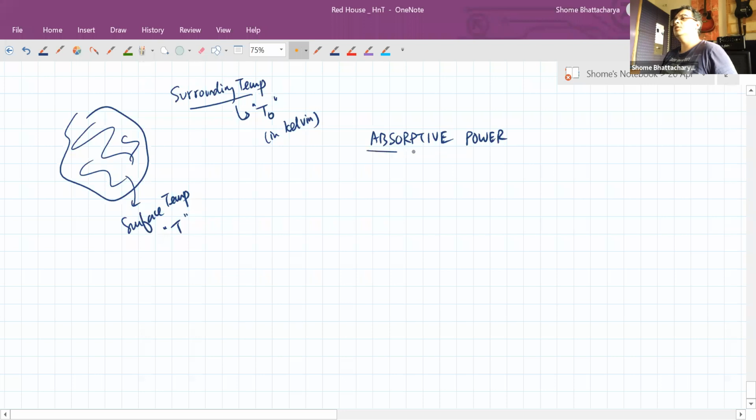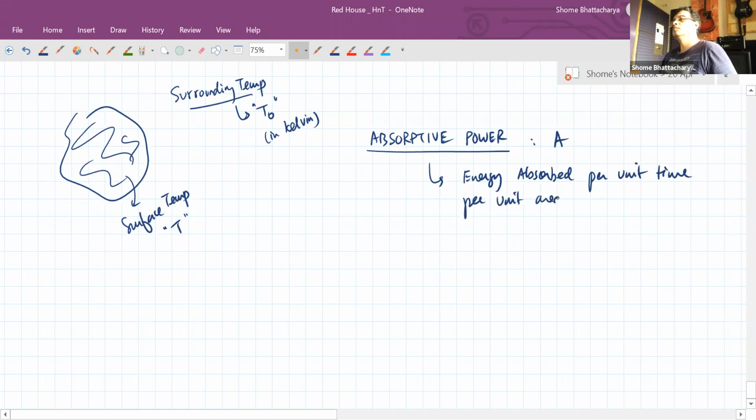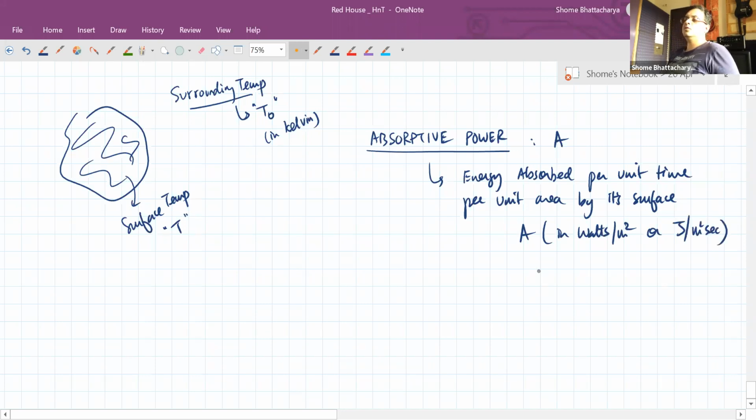Like an emissive power, it also has an absorptive power, which is energy absorbed per unit time per unit area by its surface. So again, absorptive power is also in watts per meter square or joules per meter square second, whatever.